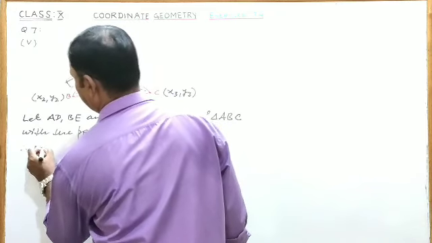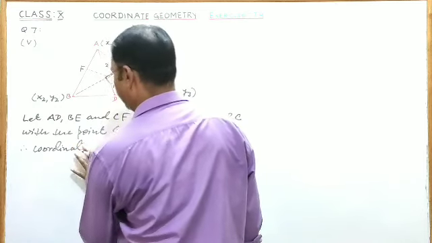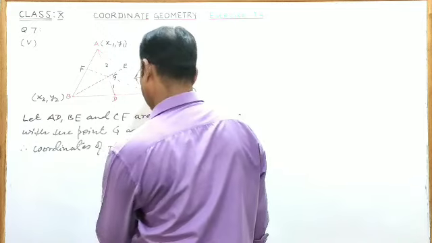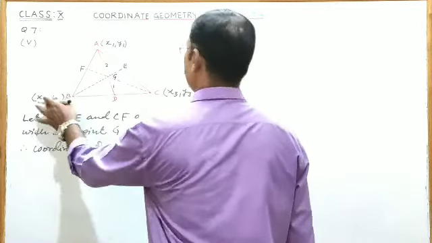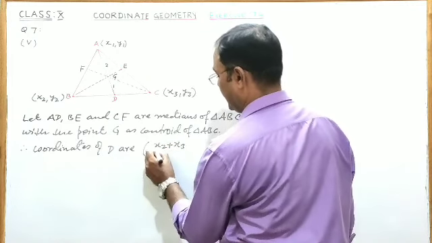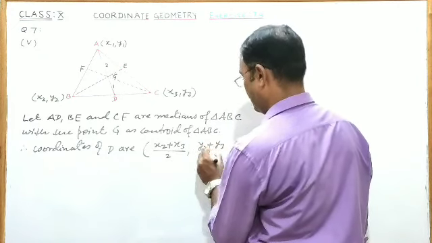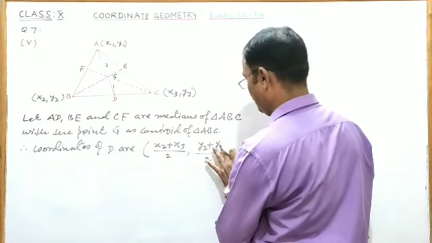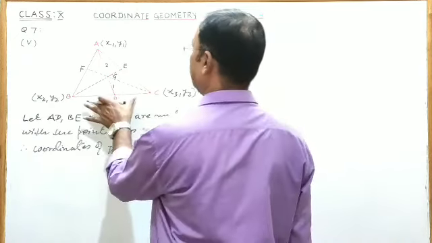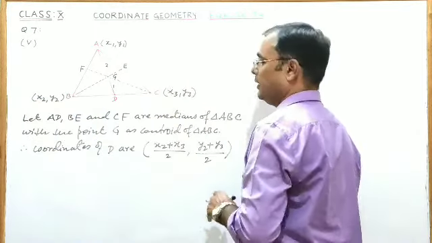So therefore coordinates of D are (x2 plus x3) by 2 comma (y2 plus y3) by 2, the coordinates of the midpoint of line segment BC joining points (x2, y2) and (x3, y3).